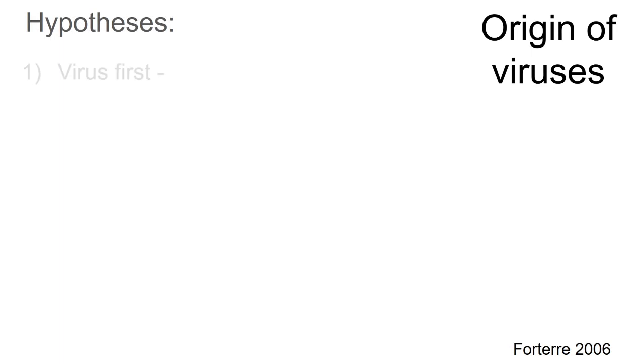One of those is the virus first hypothesis: the idea that hereditary materials might have organized in a way that they could take advantage of cell-based life, and that viruses might have existed first.